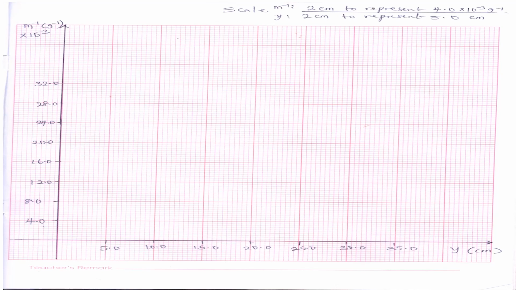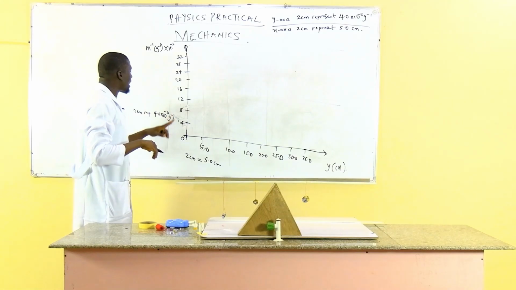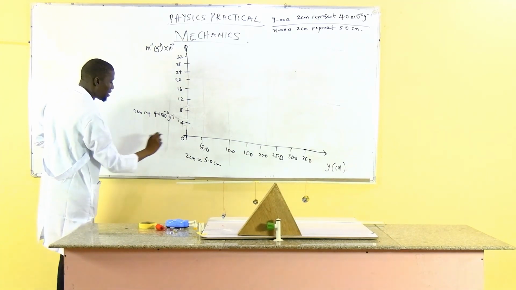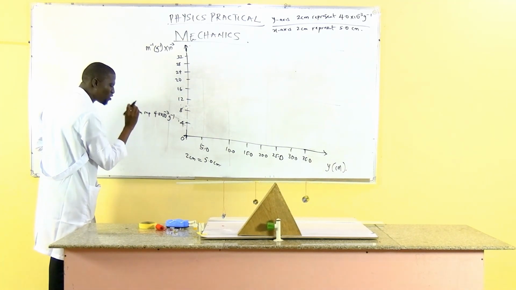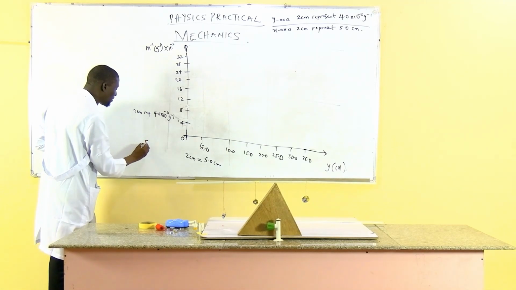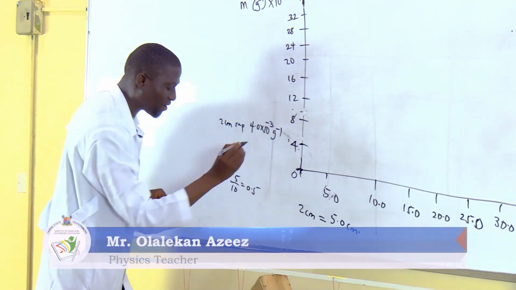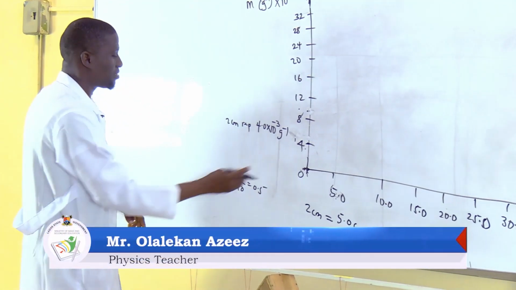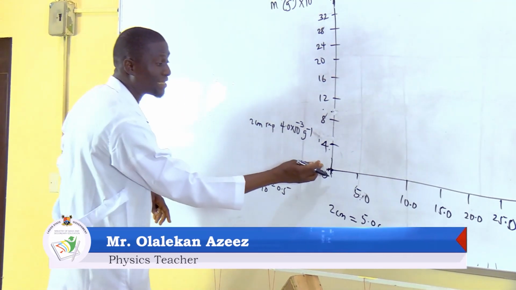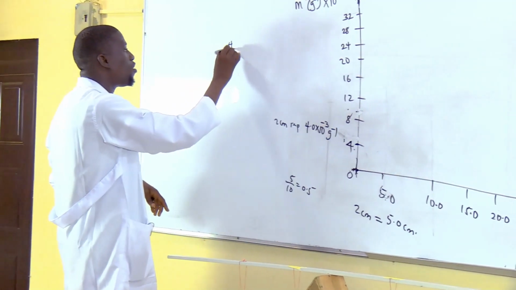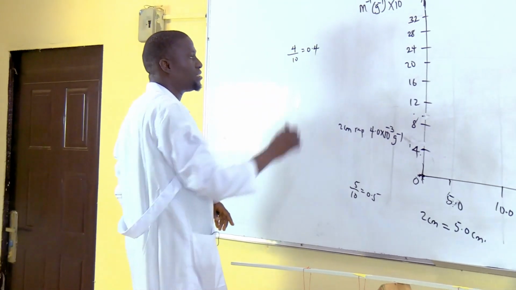For the x-axis, 2 centimeters to represent 5.0 centimeters. On the x-axis, one small unit bus is going to be 5/10, that is 0.5. But on the vertical axis, where I have 4, you can see there are 10 tiny buses there. I have 4/10, that will be 0.4.